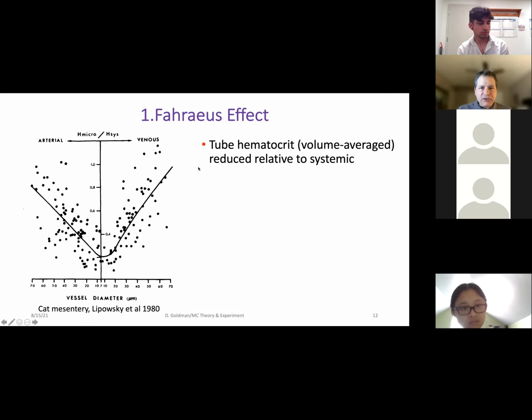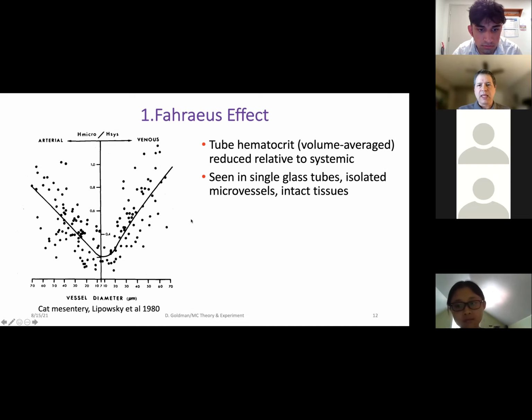But if you measure tube hematocrit in microvessels, so this is large venules here, large arterioles going down to the capillaries in the middle, as diameter decreases, effectively the hematocrit decreases, okay? So this is something strange that people didn't understand maybe 100 years ago, but it's this effect where the tube hematocrit decreases on average as the vessels get smaller, okay?